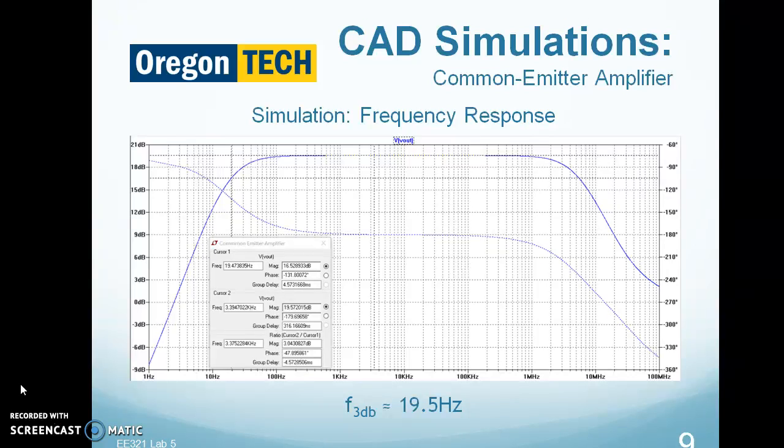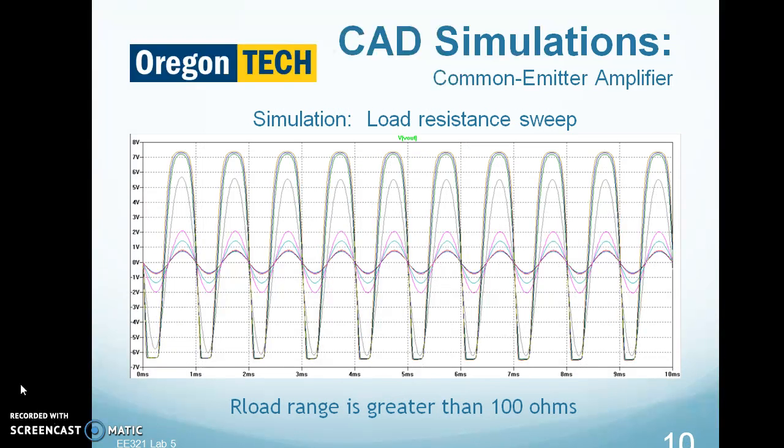And then here is the frequency response graph. This is the load resistance sweep graph. And just a quick note that I left at the bottom was the R load range is greater than 100 ohms.